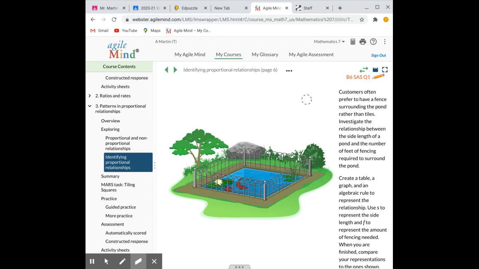Because we took the T for tiles and we made it 36 because that was the main number that they gave us. Then we did 4s minus 4, and 4 minus 4 is 0. And then 36 minus 4 is 32.